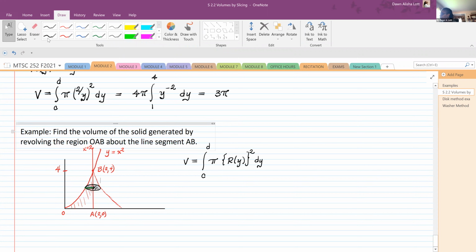All right, so for my radius, I have to take whatever this curve is, this one here, and subtract this curve. So I'm going to take the top curve minus this, and that will always give me my radius here.